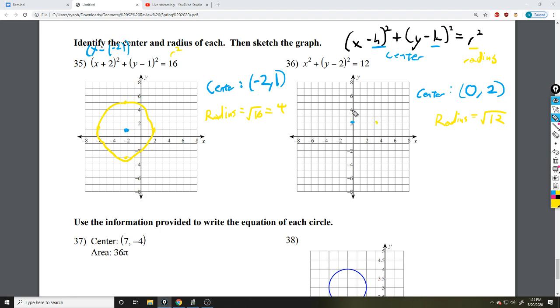We're going to go up 1, 2, 3 and a bit. We're going to go down 1, 2, 3 and a bit. We're going to go to the left 1, 2, 3 and a bit to get an estimate. Well, that's a pretty good circle. That's not bad.